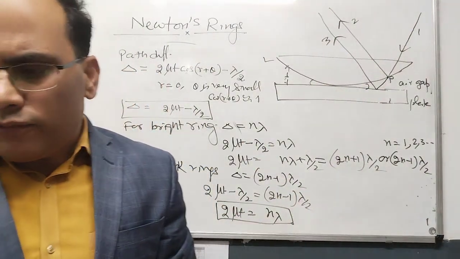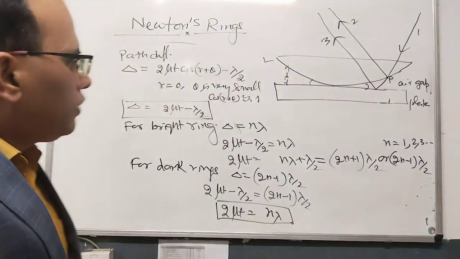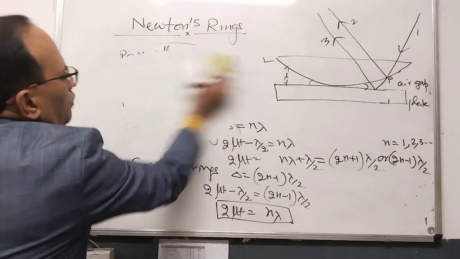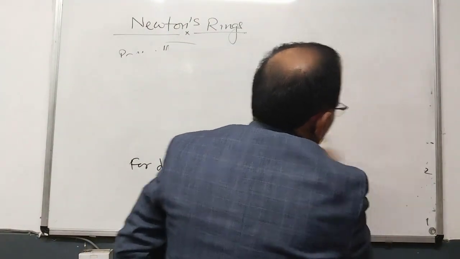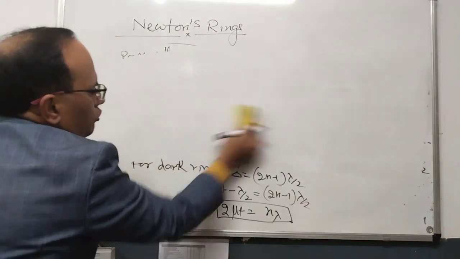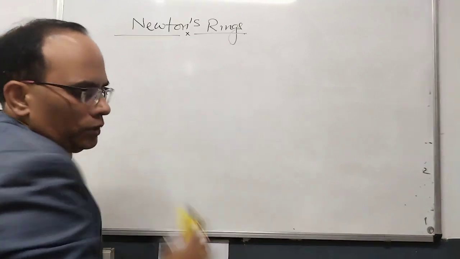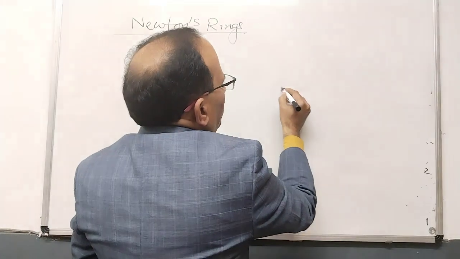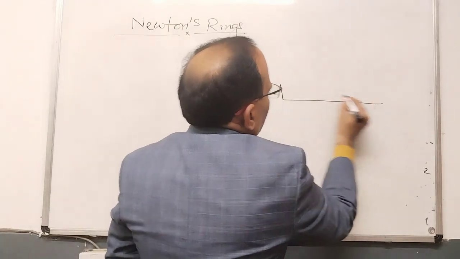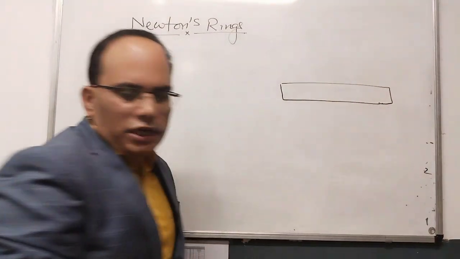So now we are in a position to calculate the diameters of the various rings. Rings are formed, so now understand the diagram part and see how the diameters can be calculated. Suppose this is my diagram, the same diagram again. This is my glass plate.